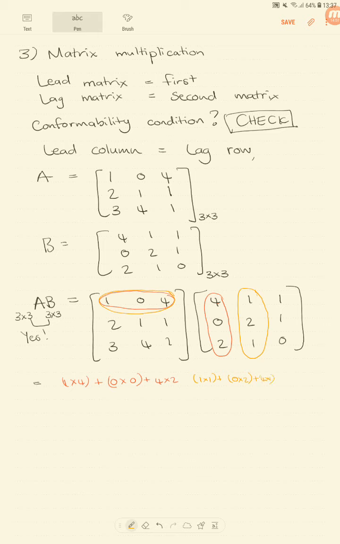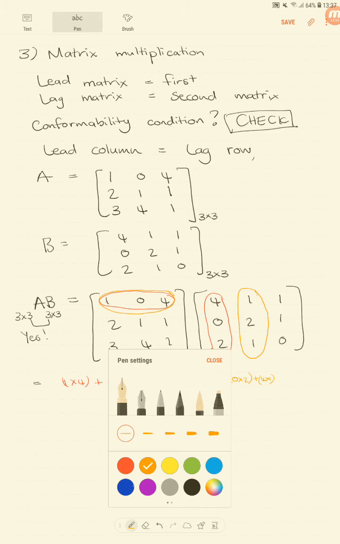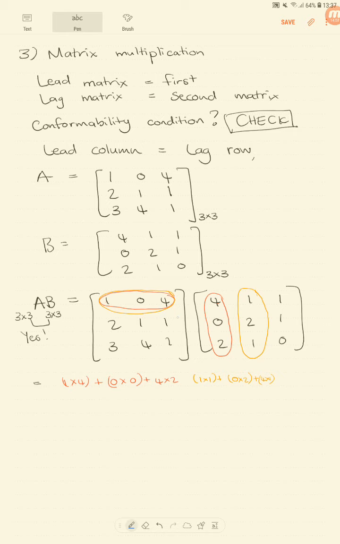And then finally, we take row 1, column 3, which is 1 times 1 plus 0 times 1 plus 4 times 0. I'm just running out of space here.